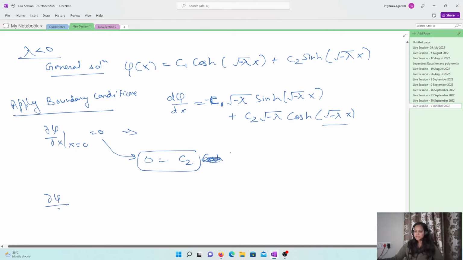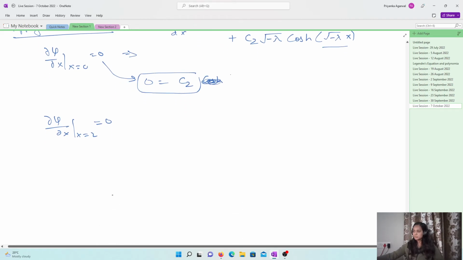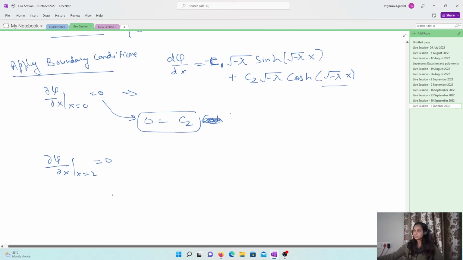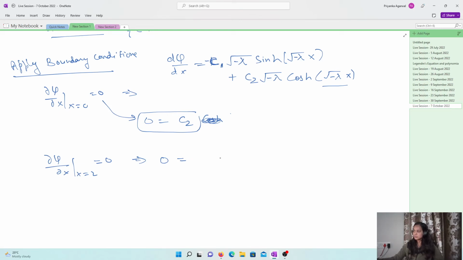Now let's apply the second boundary condition. If x equal to L, del psi by del x equal to 0. What do we get? 0 equal to C2 times 0, so this term has gone.